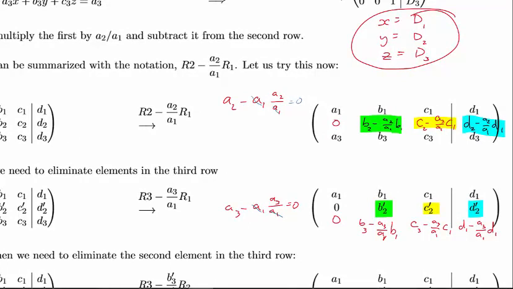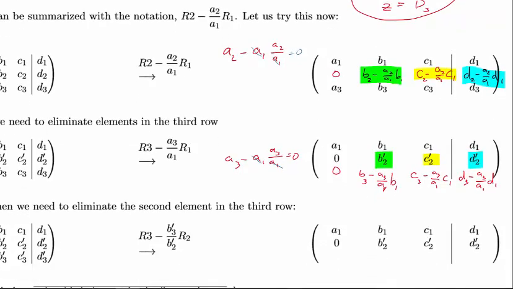D3 minus A3 over A1 multiplied by D1, right? Again, it's just a number. And so we will again be rewriting these as B3 prime, and this one here will become C3 prime, and we'll write this one as D3 prime.